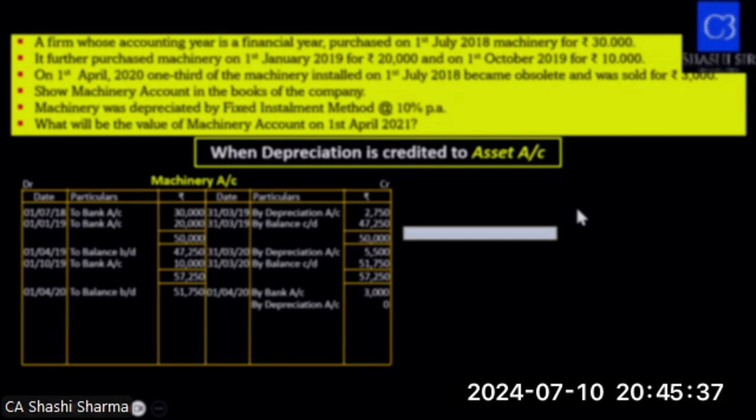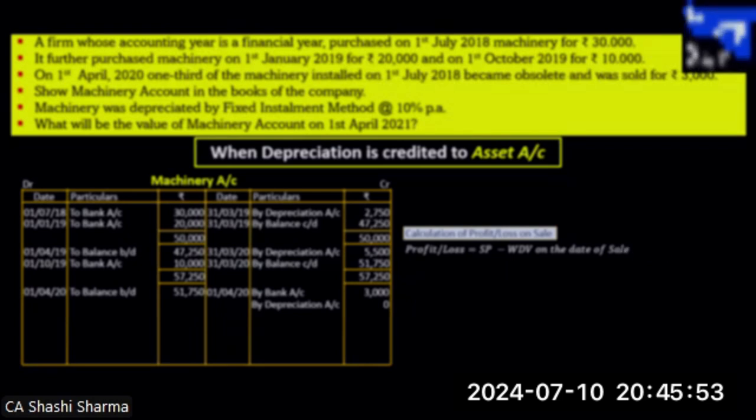So here we have the working. While calculating profit or loss, we should remember two formulas. These are: profit or loss equals selling price of the machine minus written down value on the date of sale.